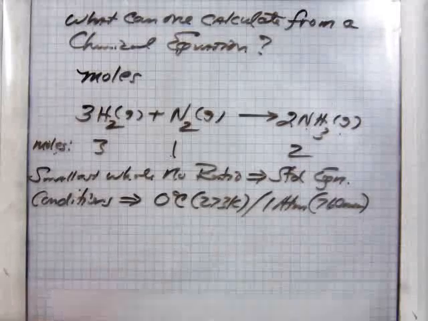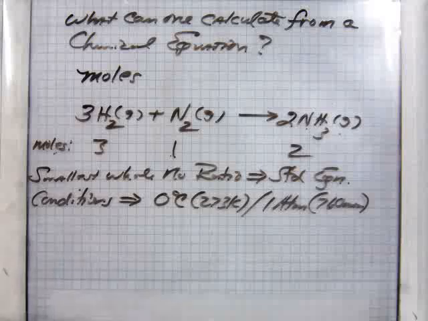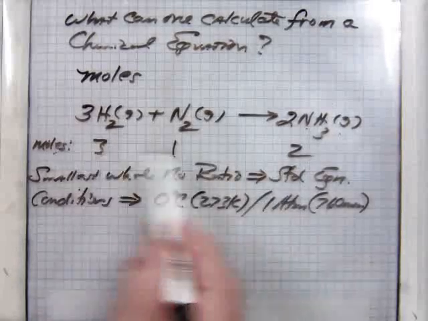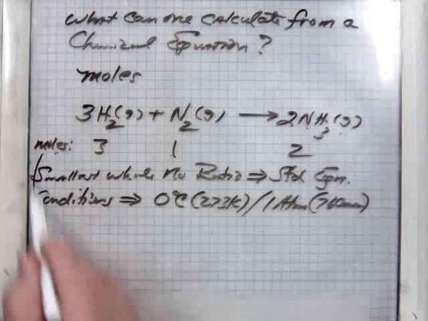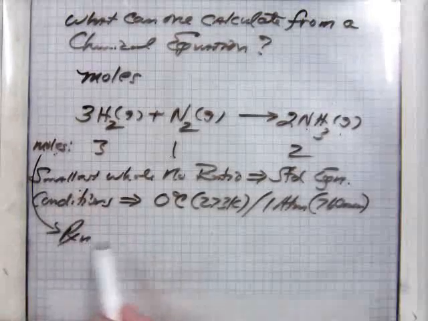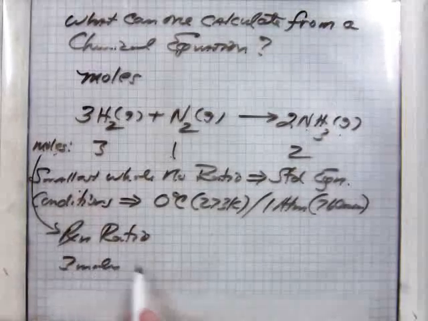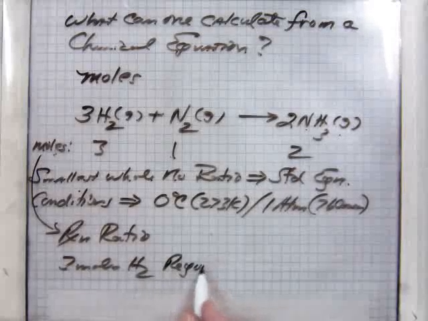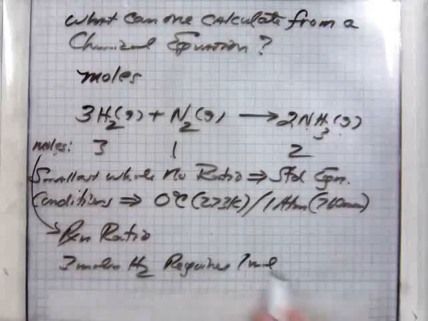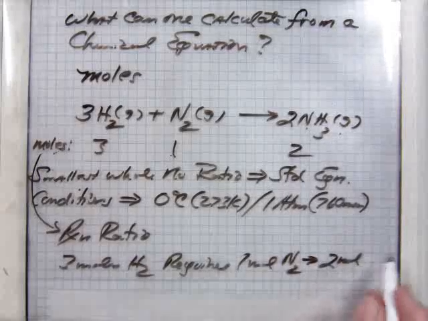That's what we call the standard equation. Now, that'll be important as we get deeper into this. But what those mole coefficients give us is what we call a reaction ratio. That is, 3 moles of H2 always requires 1 mole of N2 to give 2 moles of ammonia.